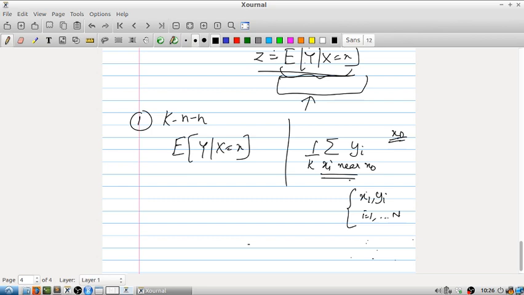Then I'm going to average the values of the y's that I've seen in my data corresponding to these xi's. The average involves a division by k, 1 over k, because I'm averaging k numbers. So that's the k nearest neighbor rule from the first class.